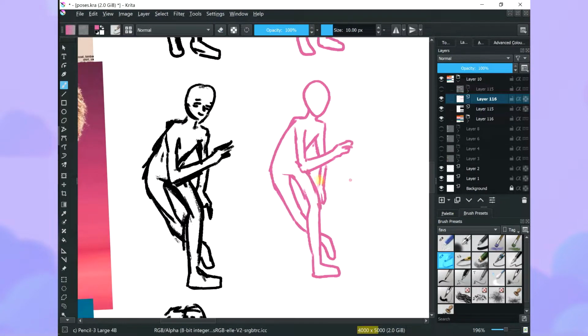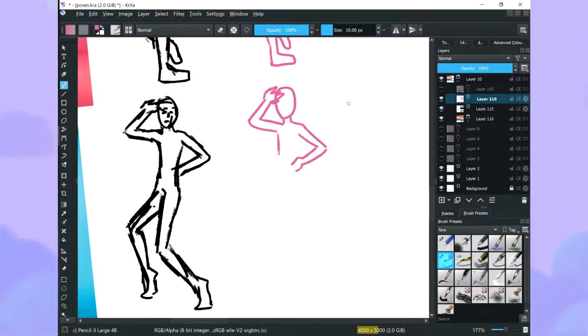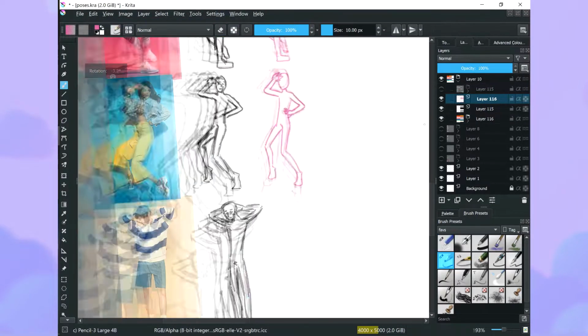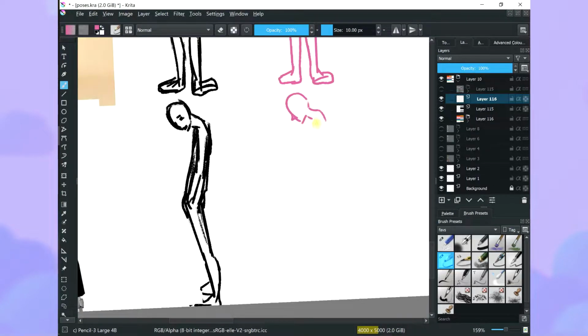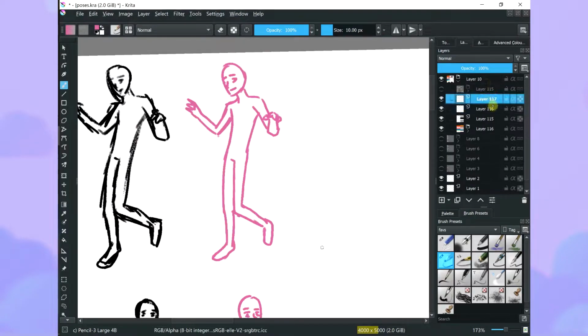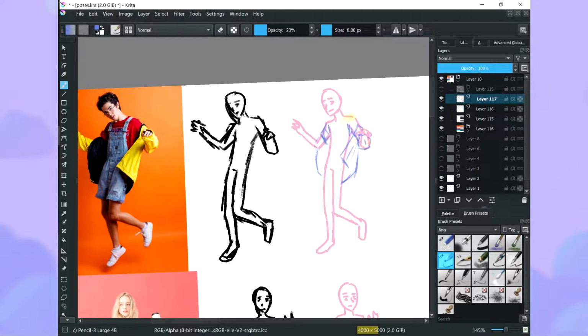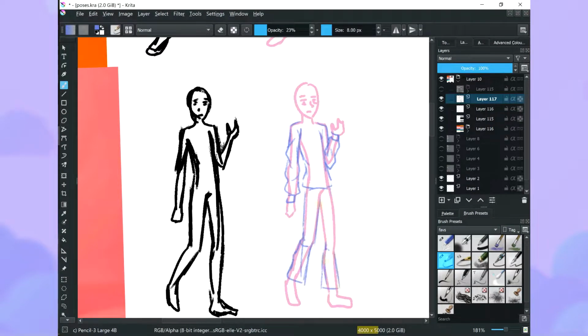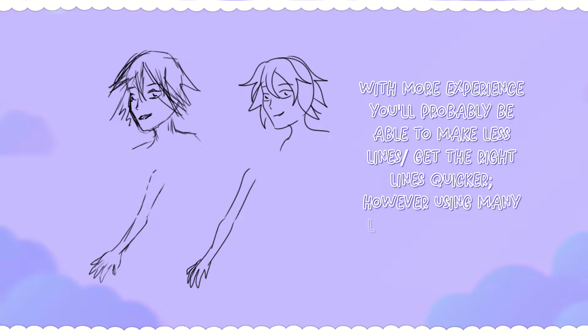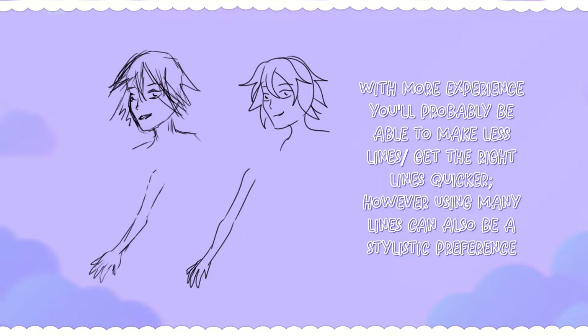And this is also a really good exercise to get better line quality, if that's what it's called. You're just confident in your lines and try to make the right line. Every line is kind of like a decision you make right away. When you're sketching, I'm a person who likes to do many lines, and you can do that, it's okay, but it's also really good if you're able to capture a pose you see or anything you see in a few lines.